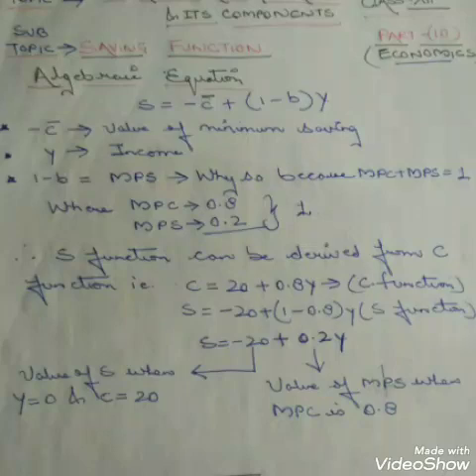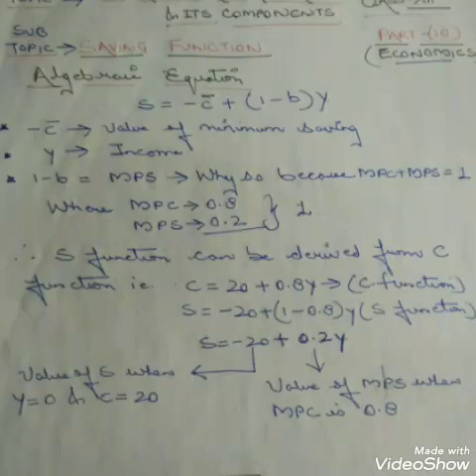So from this C function, we can derive the S function. S equals, the formula goes, minus C bar. So minus C bar is the minimum saving, and our minimum saving was minus 20, plus 1 minus B.